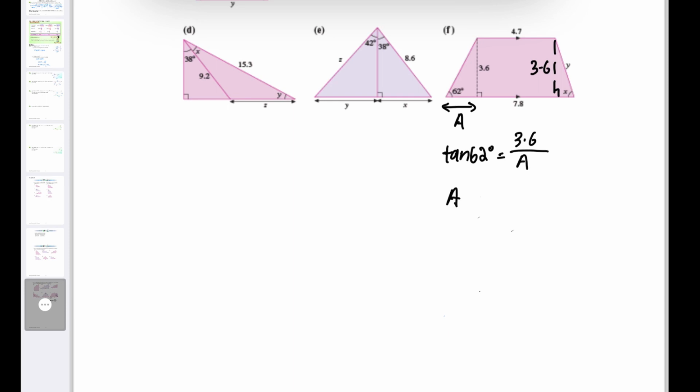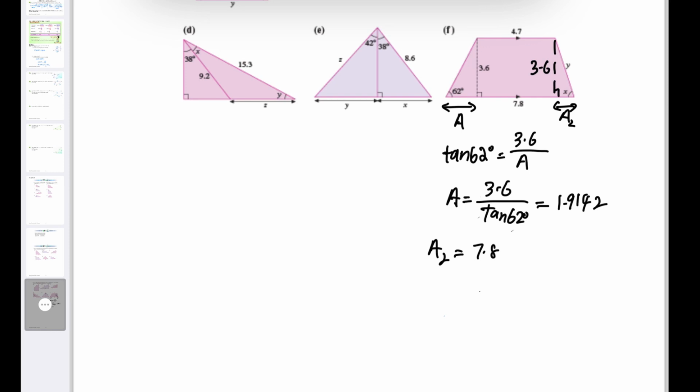So a equals 3.6 over tangent 62 degrees, which is 1.9142.